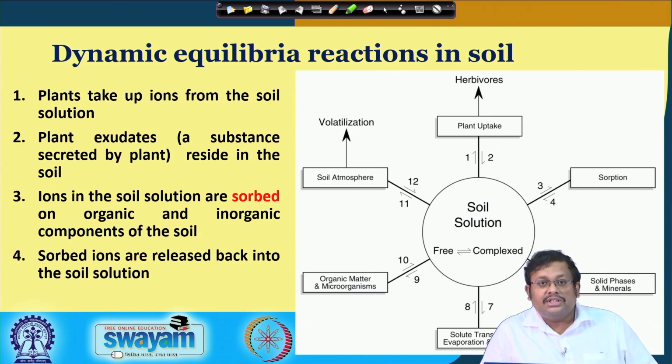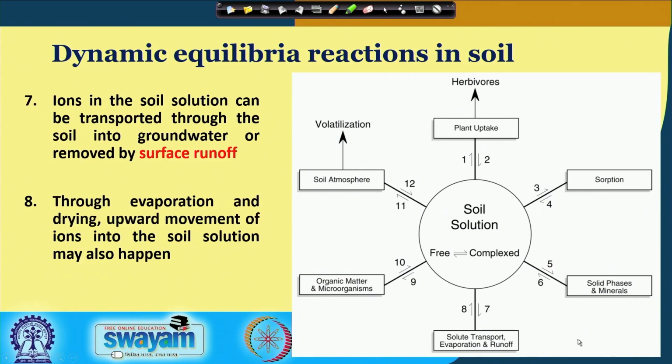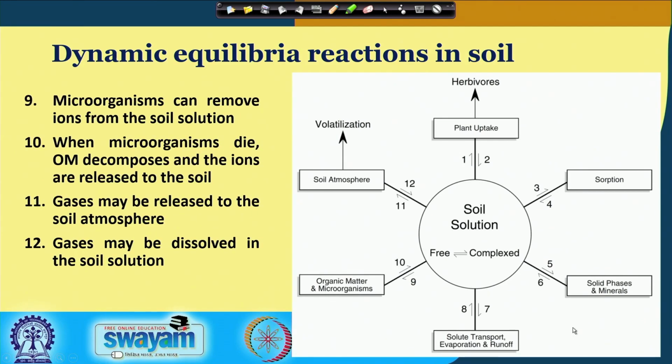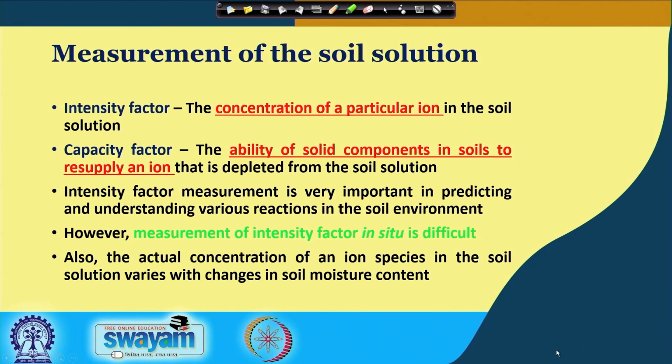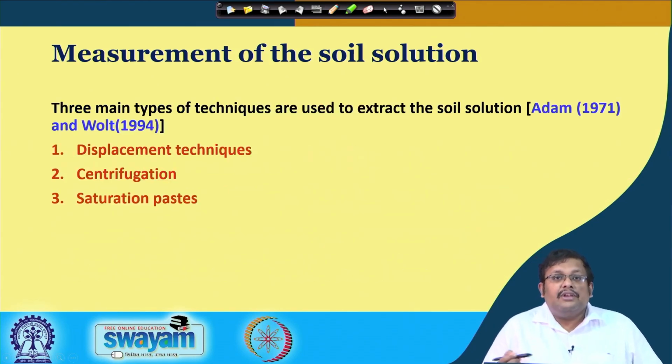How this process occurs, we have seen that there are total 12 processes through which this ion can move from soil solution to different pools and then come back to the soil solution again. So then we have talked about the intensity factor and capacity factor, and we have covered the main types of technique which we use for extracting the soil solution.